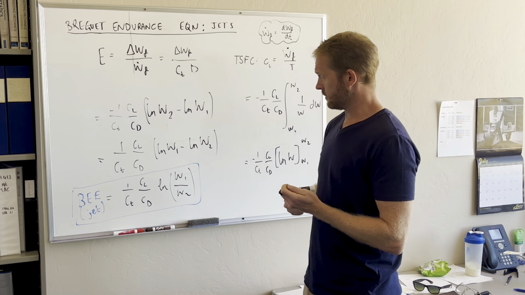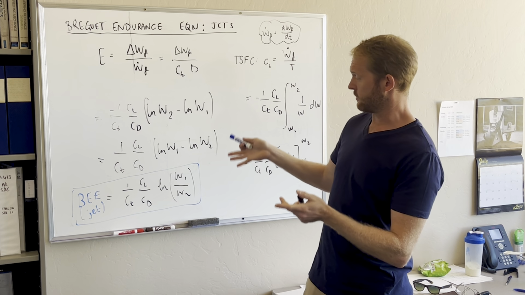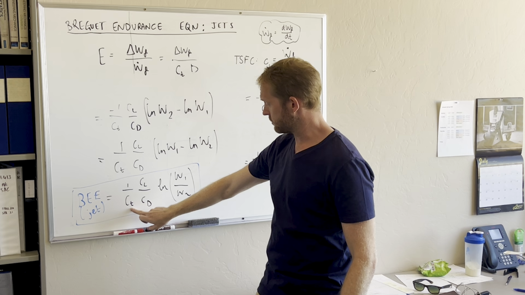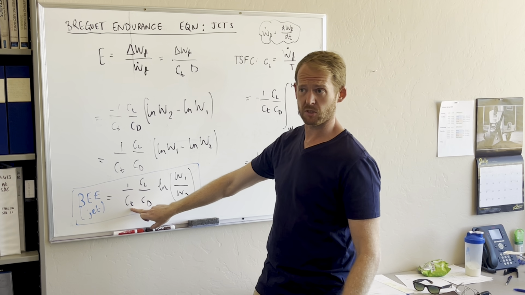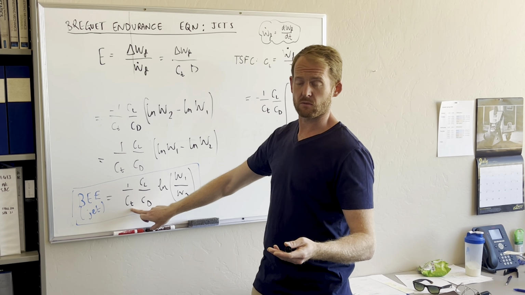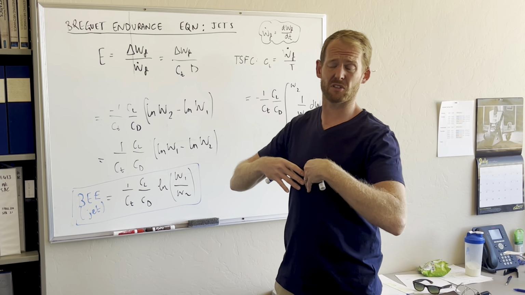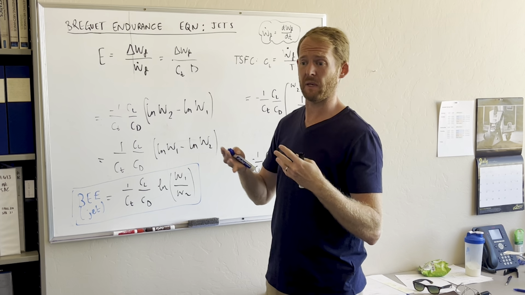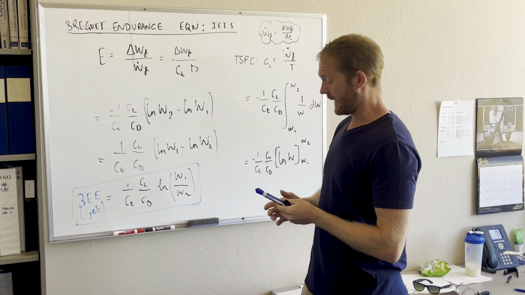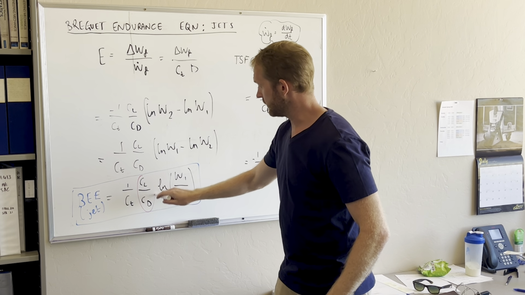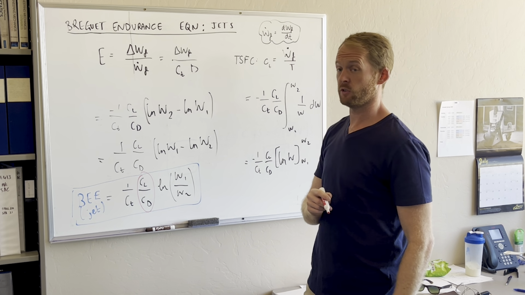So to achieve the objective of maximizing endurance, I need to minimize my thrust-specific fuel consumption. That makes sense, right? Minimizing fuel consumption will maximize endurance. That's going to give us the longest possible amount of time in the air. And I also need to maximize my lift to drag ratio directly.